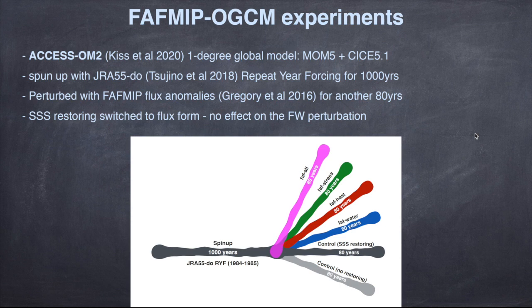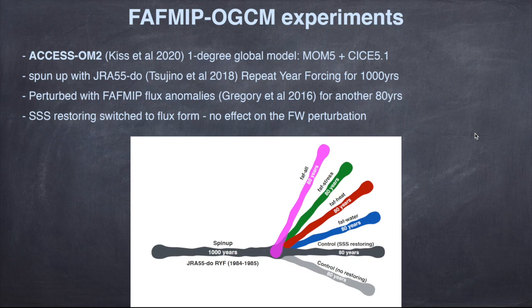So importantly, because ocean-only models usually have to apply surface salinity restoring, we have to perform two different control runs so you can apply the freshwater perturbation in a clean way. In the first control run, you just keep the same salinity restoring as usual, but you save the salt flux from restoring every 6 hours.